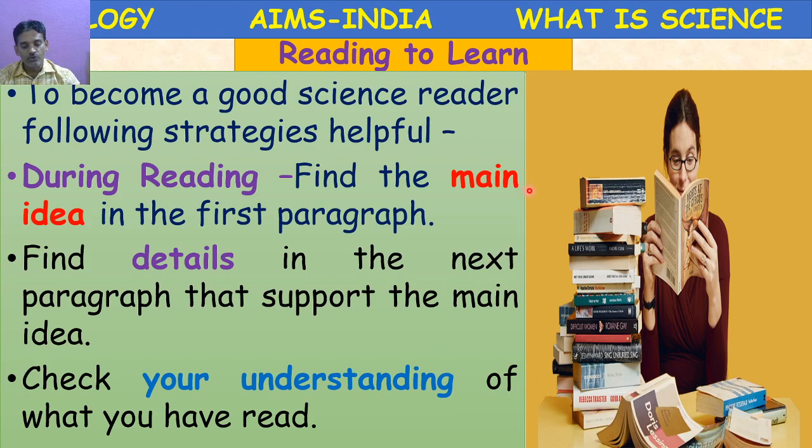Scientists use reading, writing, and numbers in their work. They read to find out everything about a topic. So you be the scientist at the time of reading. They have a clear idea about a topic they are investigating.